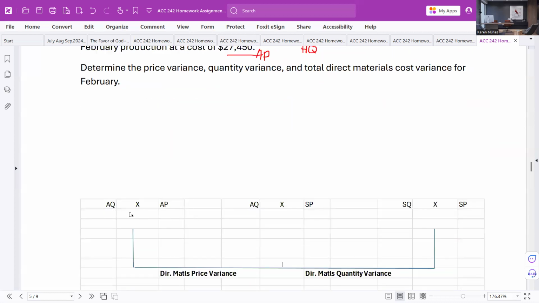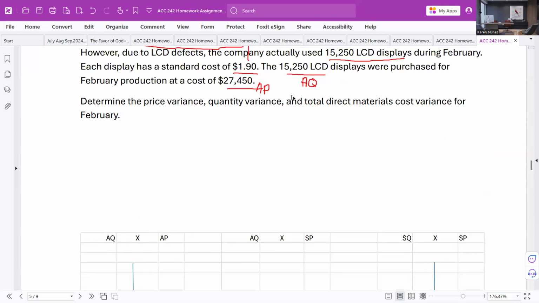So actual quantity at the actual price. So again, the actual at actual. So we've got the 15,250 at an actual cost of 27,450. They didn't give us the actual price. They just gave us 27,450.